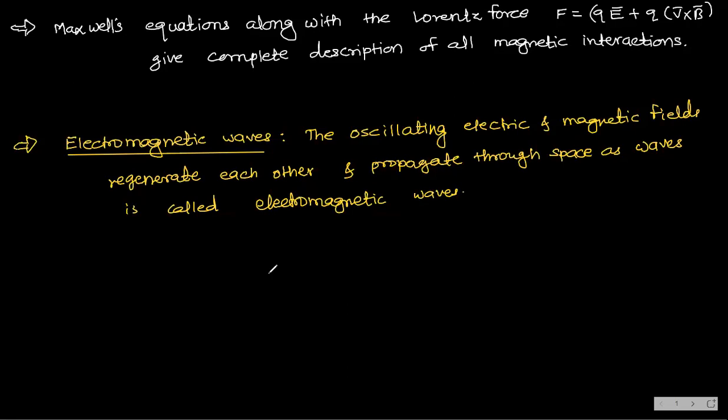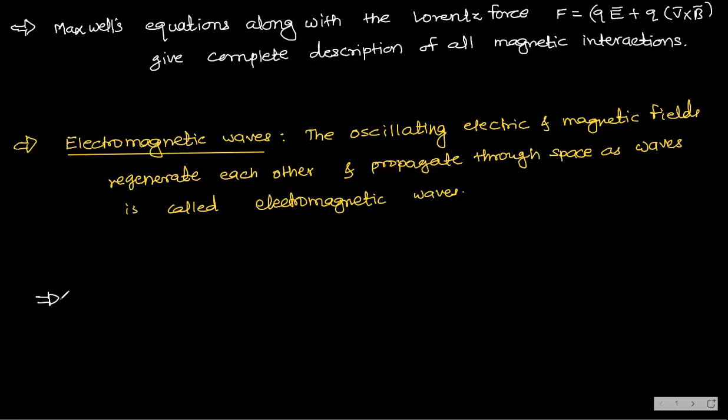If we draw the diagram of this, or else I will tell on next page. How is the nature of these electromagnetic waves? I will draw on the next page. So first, what is the source of these electromagnetic waves? Means how or who will produce them.